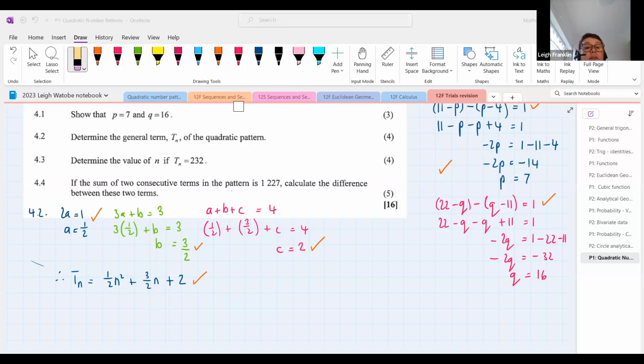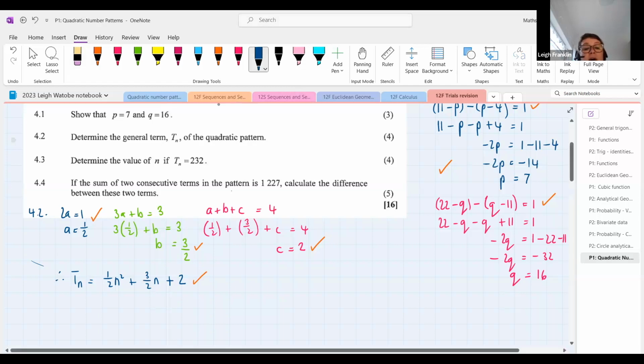Okay, all right, so we've managed to do that. So now they ask us to determine the value of n if Tn equals 232. And of course, if I had carried this through to that, I would have soon realized that I had made a mistake, because I wouldn't end up with natural numbers. So remember, when you are calculating the value of n like you are here, n needs to be a natural number.